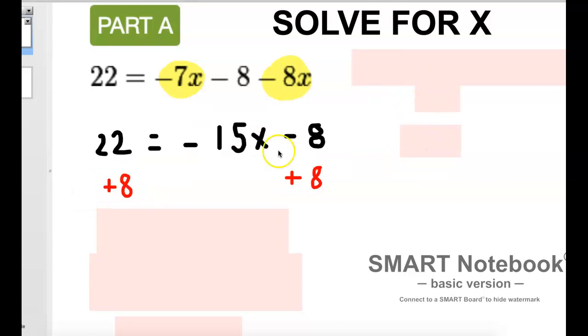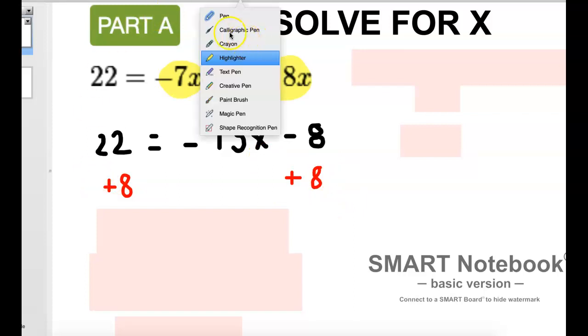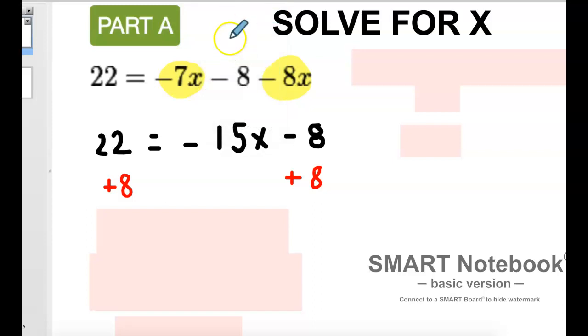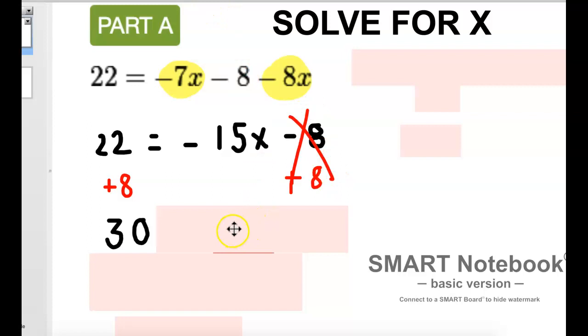Because remember, whatever you do to one side of the equation, you have to do to the other side. All right, when we do that, 22 plus 8 is going to equal 30. And then on the right-hand side, the whole reason we added 8 was to move this minus 8 over, so we can cross these out. So now we're left with 30 is equal to negative 15x.